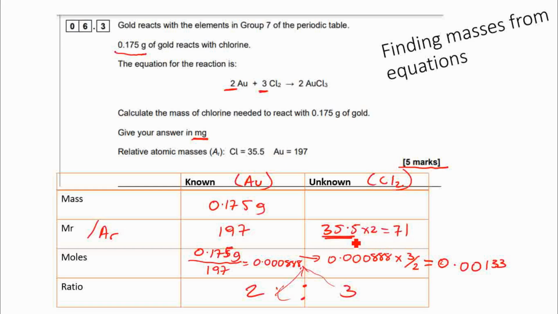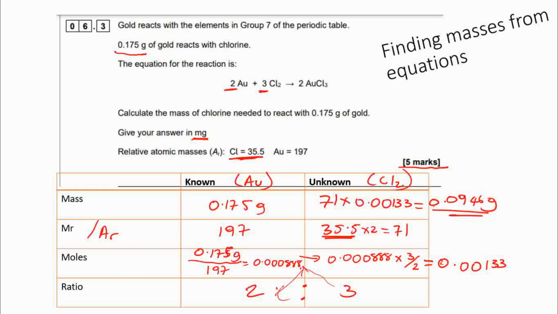I'm getting that from the periodic table, or the AR shown there. So it's going to be 71 times 0.000133, okay? And that's giving me an answer of 0.0946 grams.